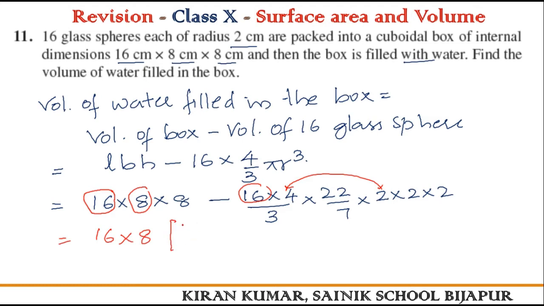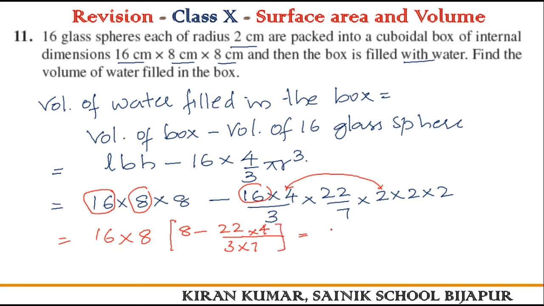What remains is, here 8 remains minus 22 upon 3 into 7 into, here 2 into 2, 4 will remain.